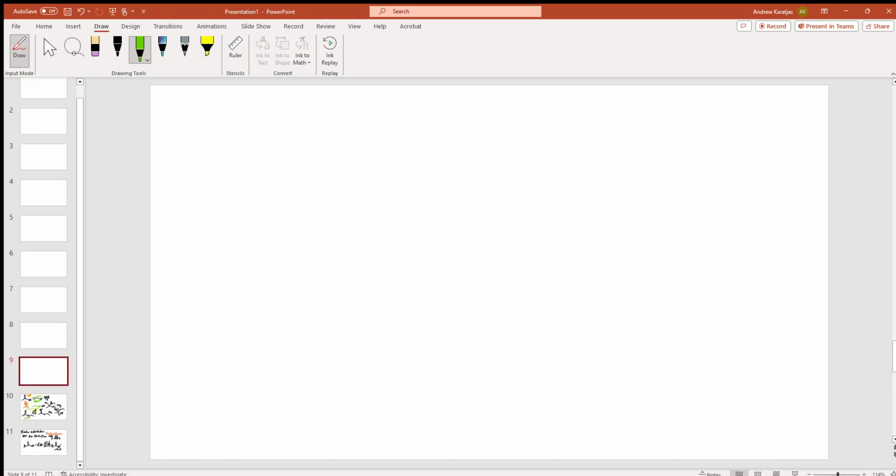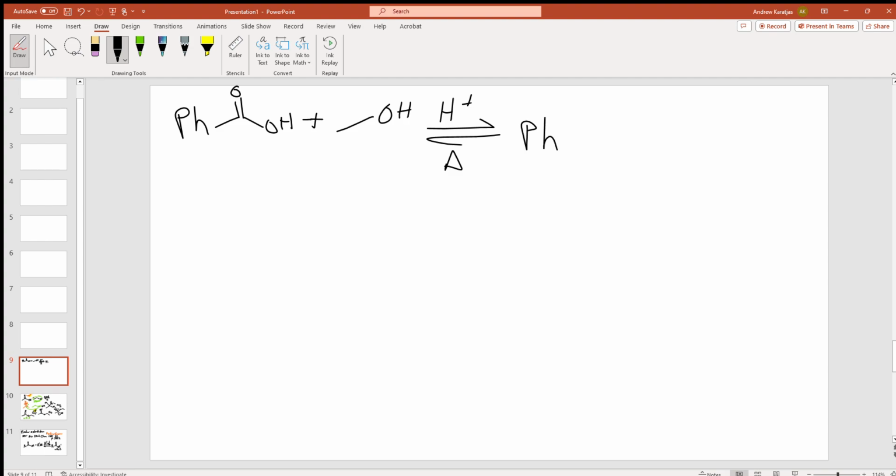We can see many different examples of these types of reactions. Again, the R groups that are attached to both the carboxylic acid and the alcohol, in most cases, won't make a huge impact on this reaction. So here's two very different examples. Here we've got benzoic acid and methanol. But the overall outcome is going to be the same.